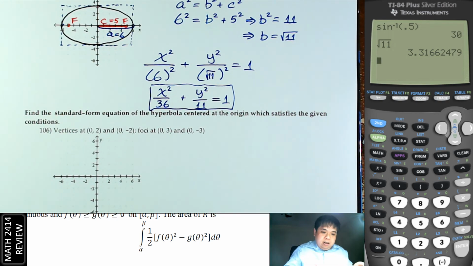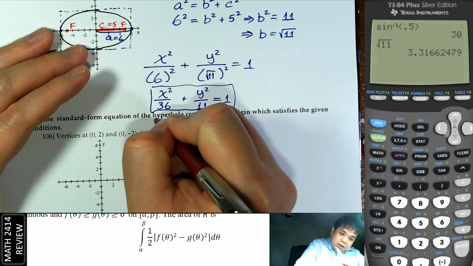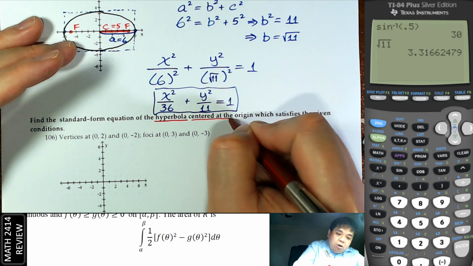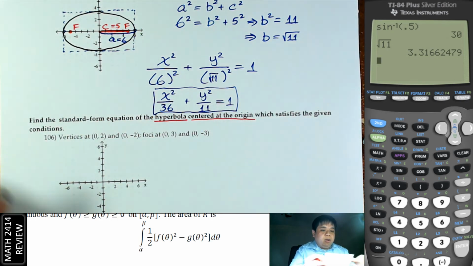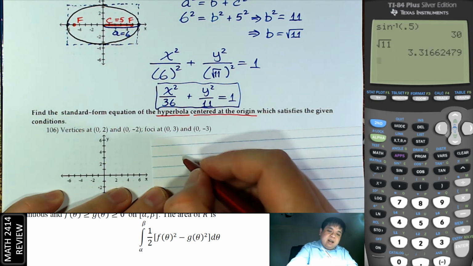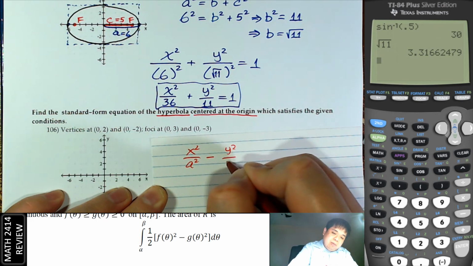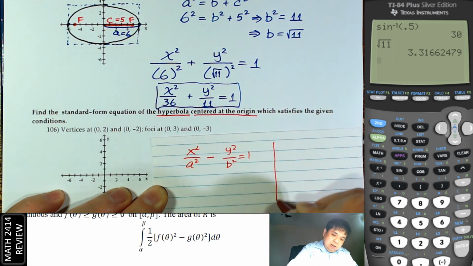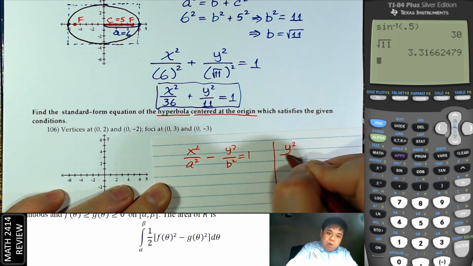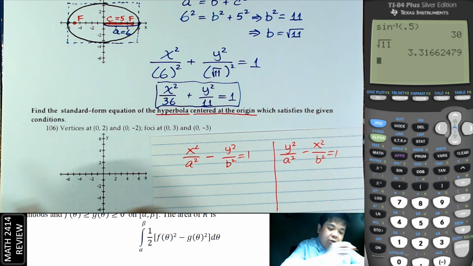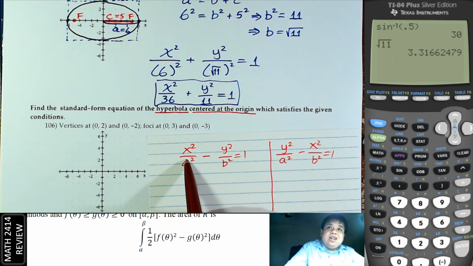For the hyperbola centered at the origin, it is kind of the same thing, except instead of plus in the middle, we have the minus. So it could be y square over something square minus x square over something square. So one of those. Now if we start with x square, this one is horizontal.